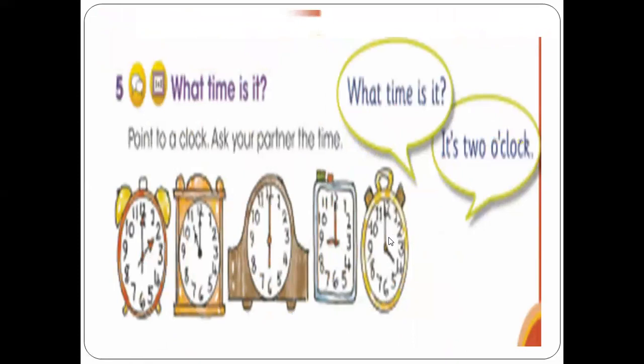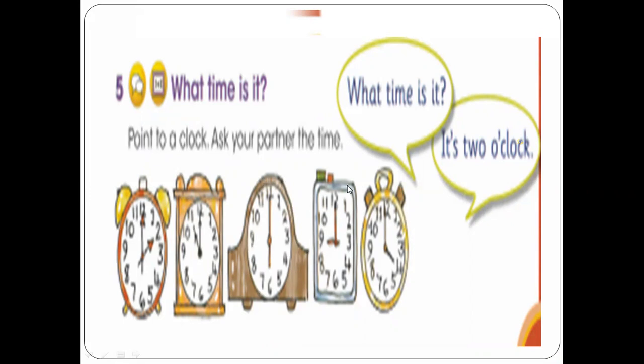And in the next lesson, we have studied how to say our time and how to ask what time it is. Okay, so we have asked the question, what time is it? It's 2 o'clock. What time is it? It's 11 o'clock. What time is it? It's 6 o'clock.